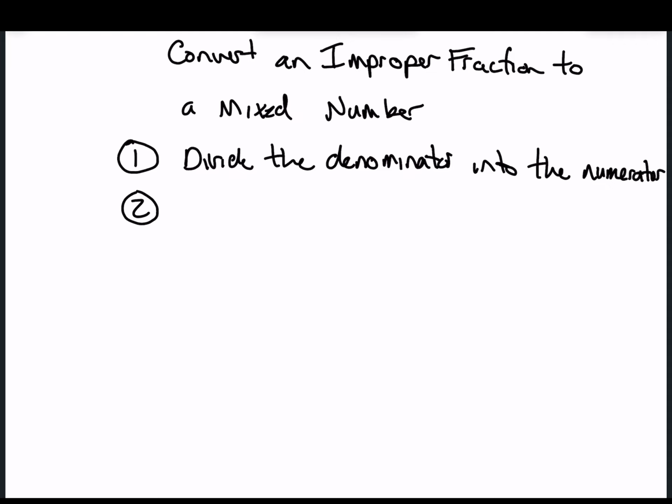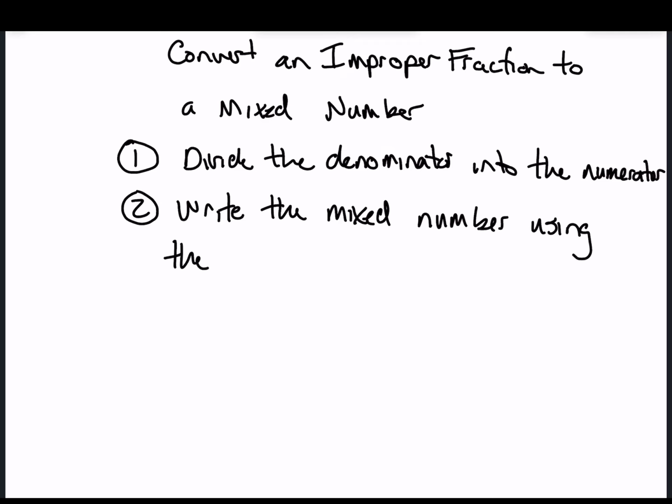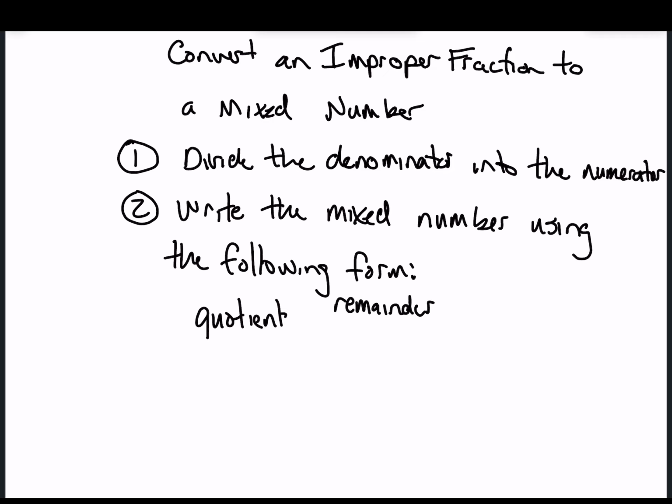Next, we need to write the mixed number using the following form. The quotient is our natural number, and then the fraction part is the remainder from the division over the original denominator.